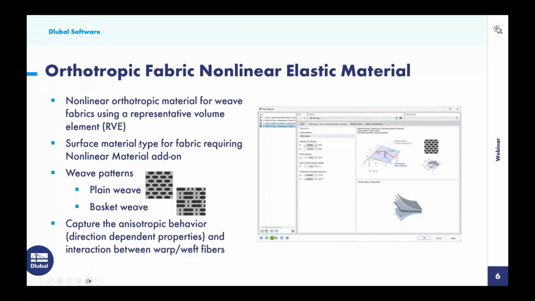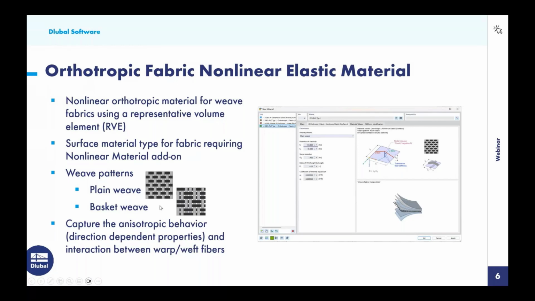And again, this is only specific to surface material types for fabric. It does require that nonlinear material add-on. But within this dialog box for the material, we will choose the weave pattern. So this will either be a plain weave, as we see indicated by this first image, or a basket weave indicated by this second image.